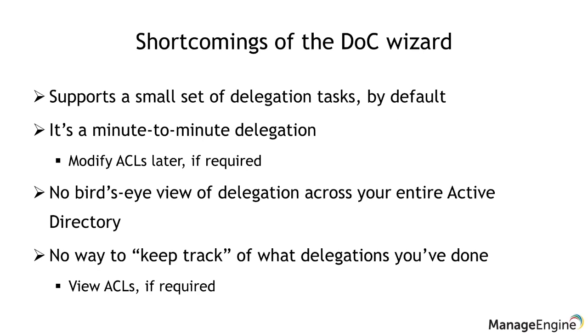And now that you're not the only administrator in your organization, there can be other administrators who have delegated certain actions to the same user in another OU. So we don't get an option to track all the delegations that have been made to a specific user. Delegating itself is a bit of a task with the DOC, and tracking the delegations becomes much more complicated.